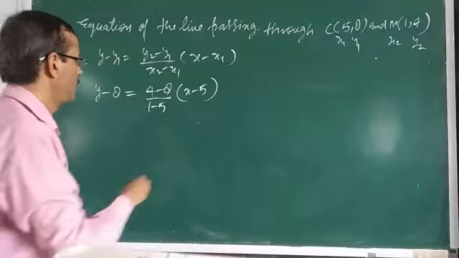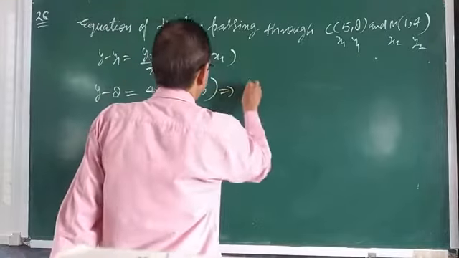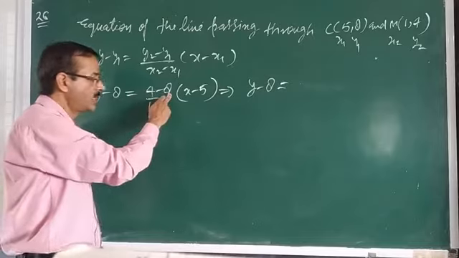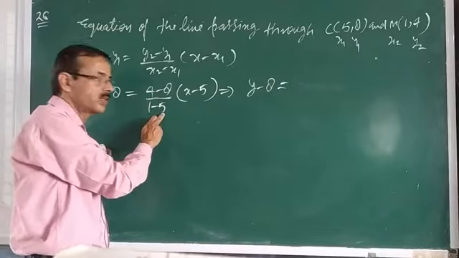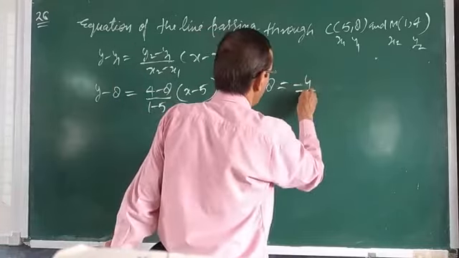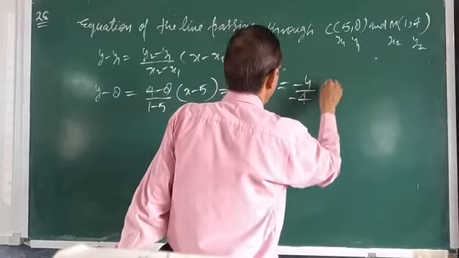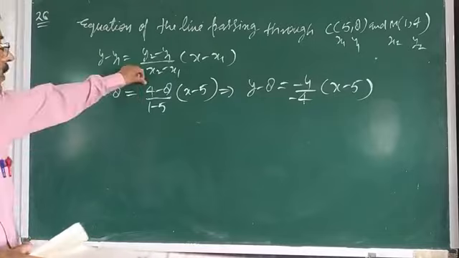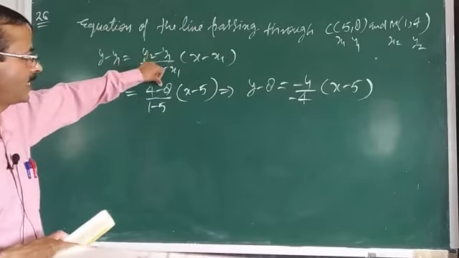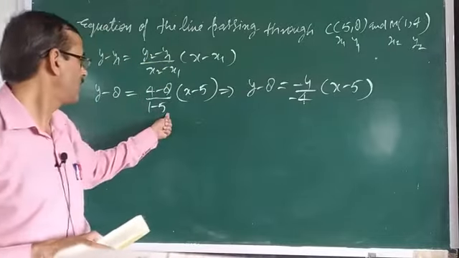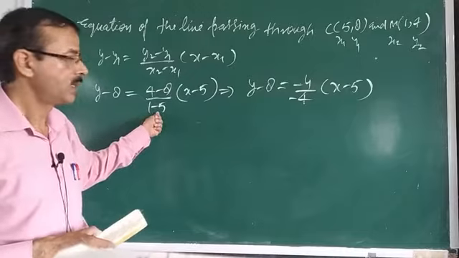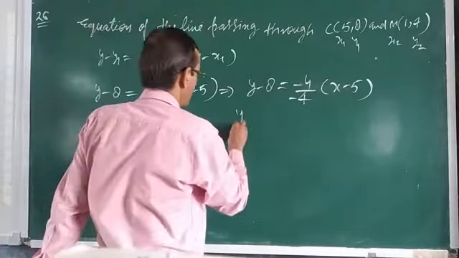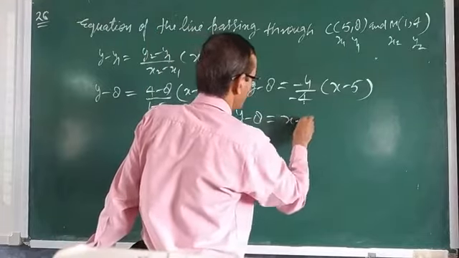Now simplify. Y minus 8 is equal to minus 4 upon minus 4, times x minus 5. Correct? So minus 4 cancels and becomes 1. So you have to write y minus 8 is equal to x minus 5.